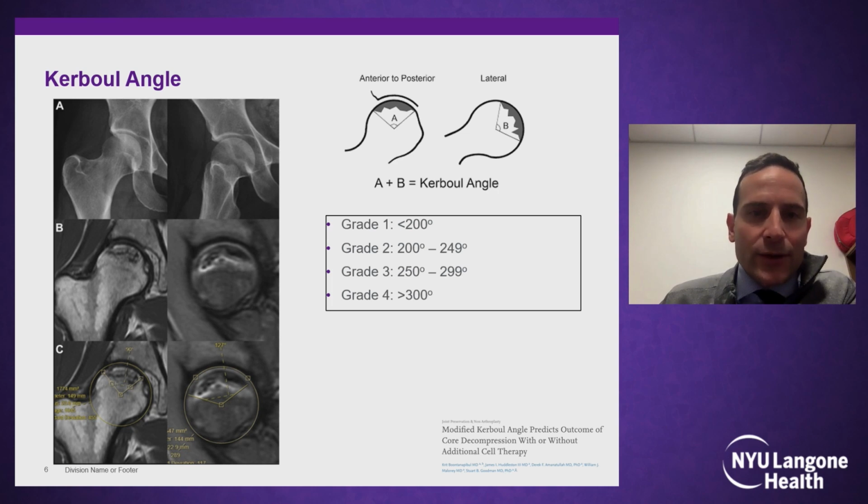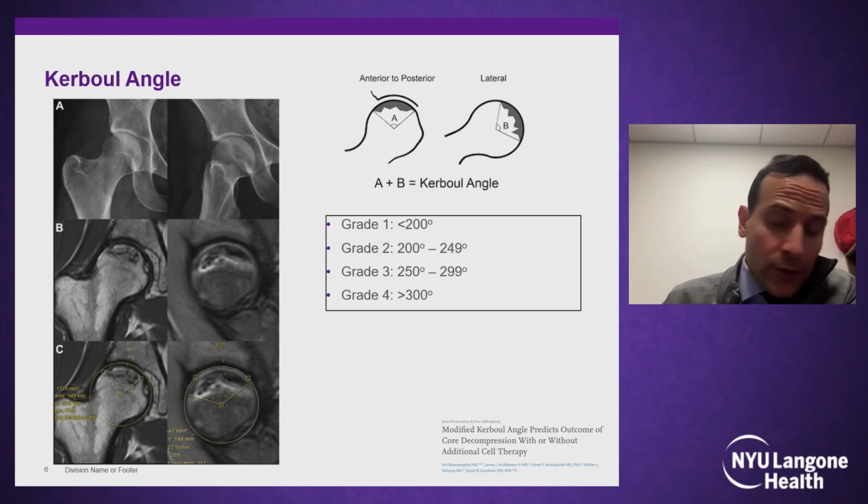The idea here is that you essentially have an angle subtended by the ends of the lesion, both on an AP view and a lateral view, and you just add those angles up. Grade 1 is less than 200. You can see here the chart, as you progress to grade 4, which is greater than 300. And so the thinking is that this may provide some prognostic indication about which of those grade 1 or 2 lesions may do well or may not do as well after surgery, or even with non-operative treatment.